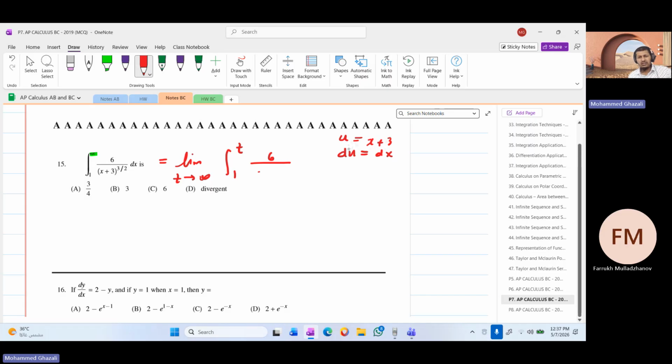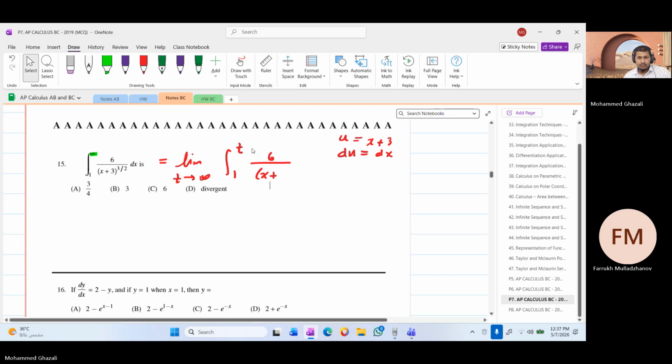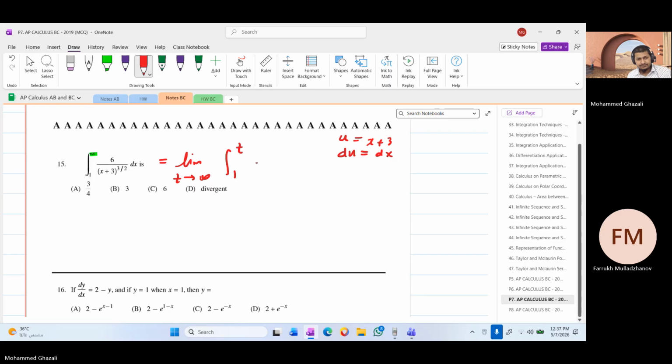It has no change, there's nothing on the inside. So make it x plus 3 to the power 3 over 2. Keep it like that. Just integrate this like normal.